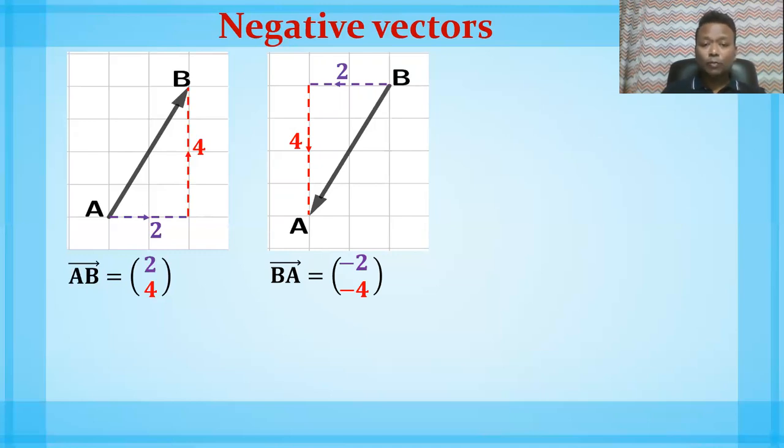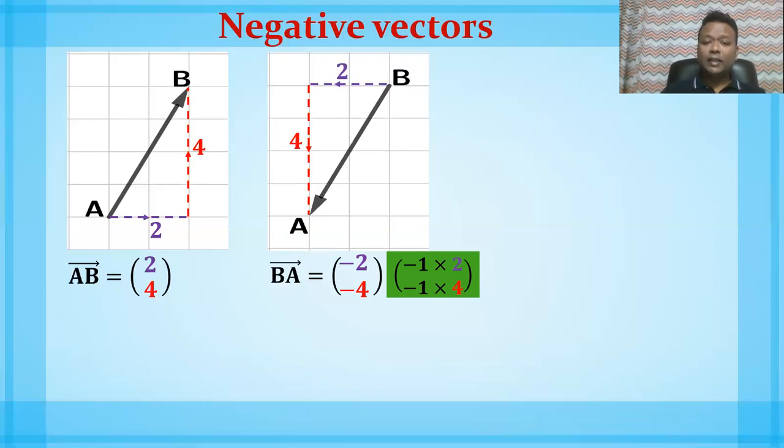Now these components can be written as -1 times 2 and -1 times 4. Students, recall the chapter on matrices, where multiplying a matrix by a scalar quantity implies multiplying each element of the matrix by the scalar quantity.